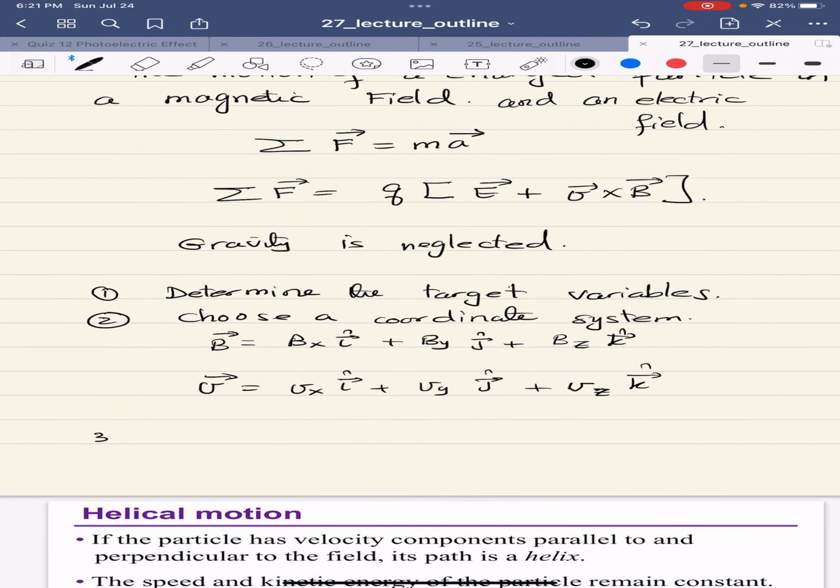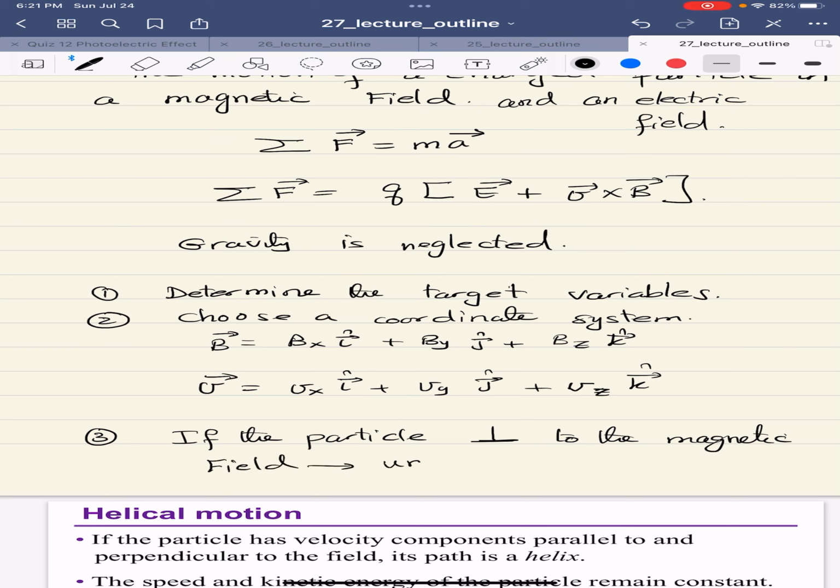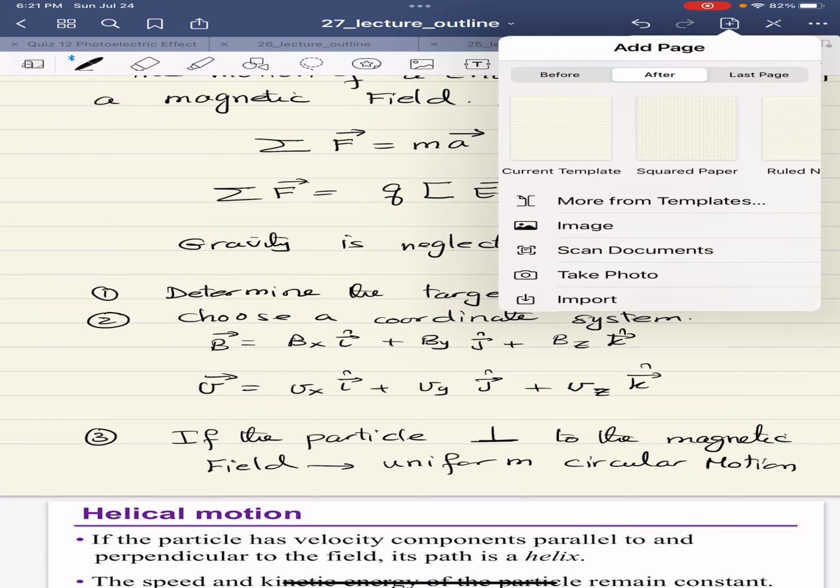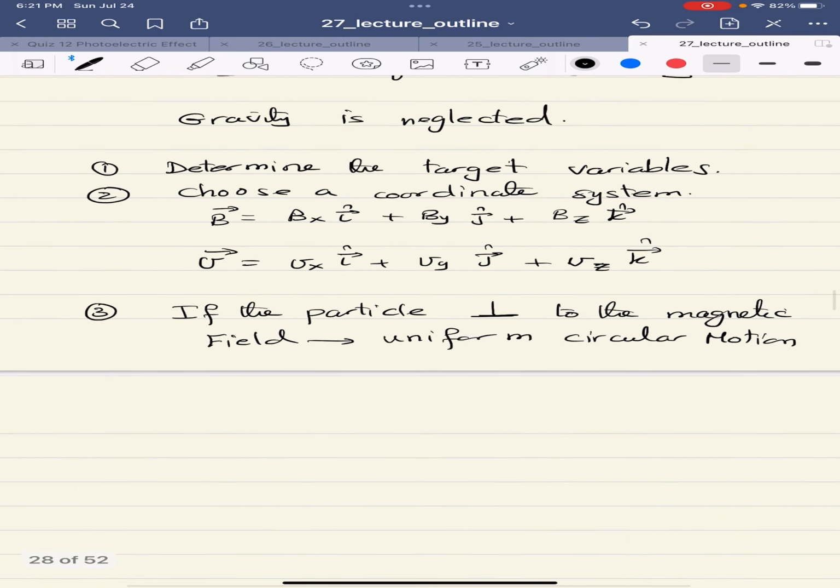Now, number 3, if the particle is moving perpendicular to the magnetic field, then this is uniform circular motion, and we're going to apply the above equations that we did use.